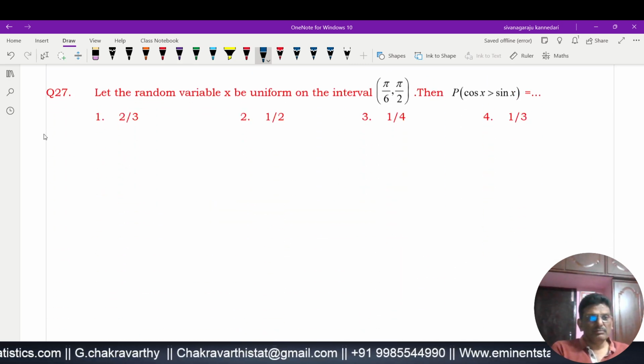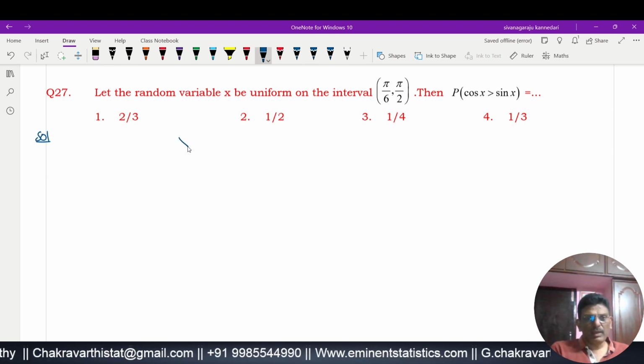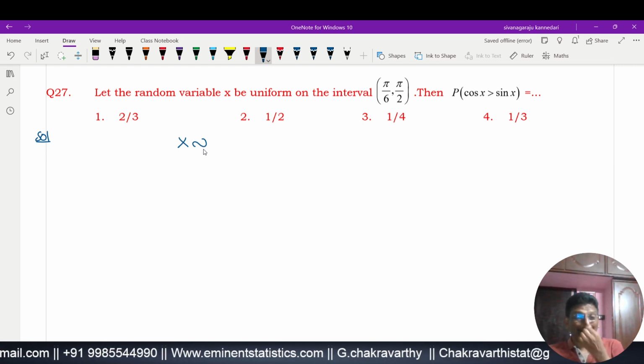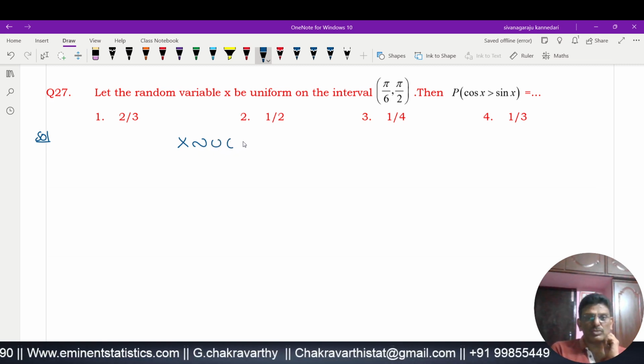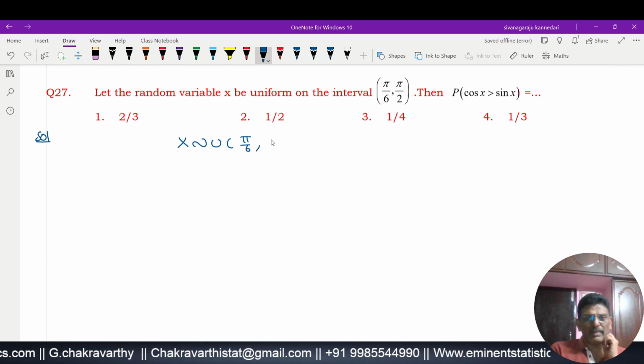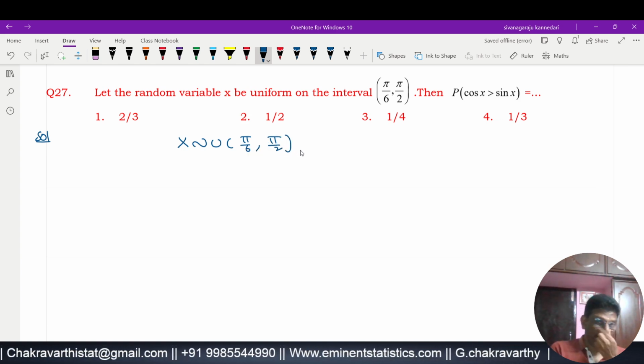The 27th problem: x is a continuous random variable that follows a uniform distribution on 5 pi by 6 comma 5 pi by 2.